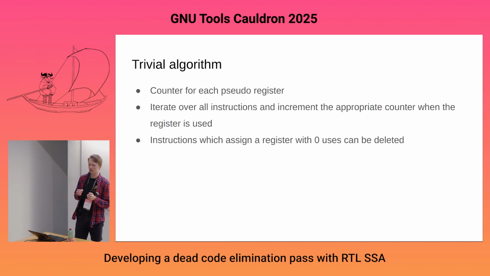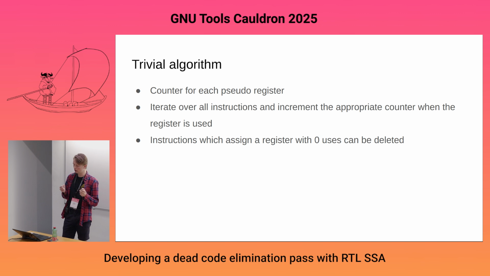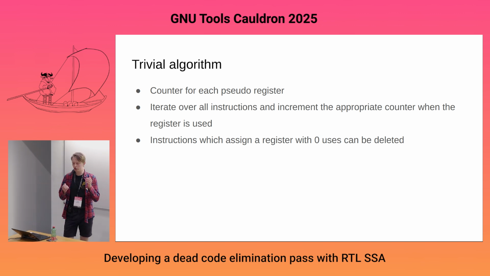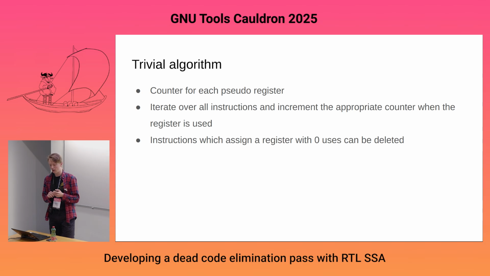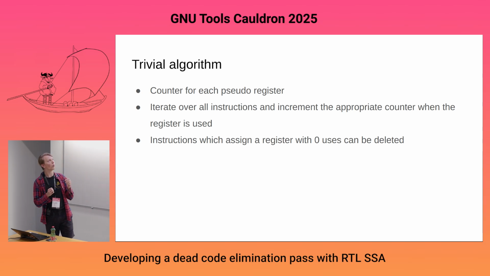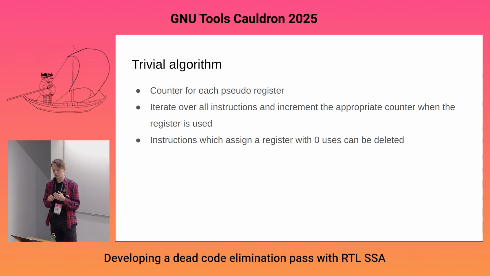So, the most trivial algorithm for dead code elimination is to have a counter for each pseudo-register, and then you iterate over all instructions and increment the appropriate counter when the register is used.